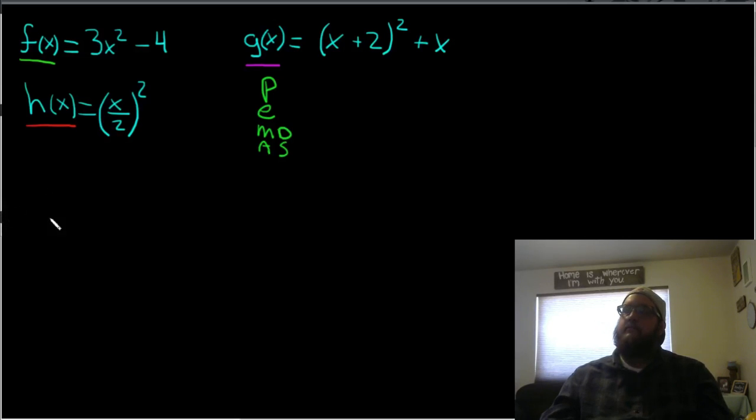Alright, let's look at, what if we did, oh, whoops, wrong color. What if we did h of g of, let's do 4.